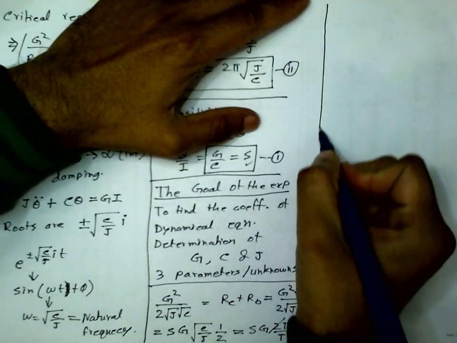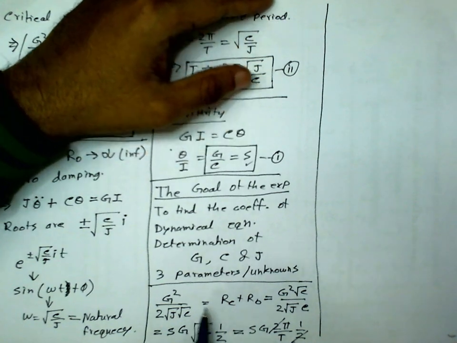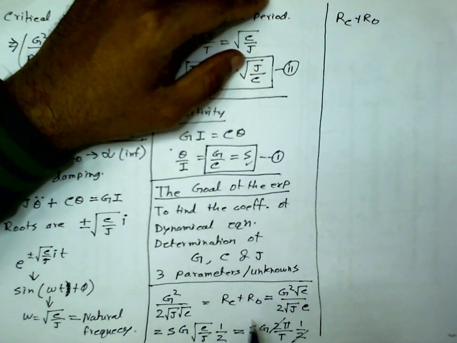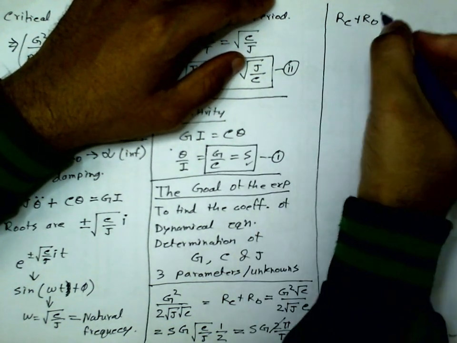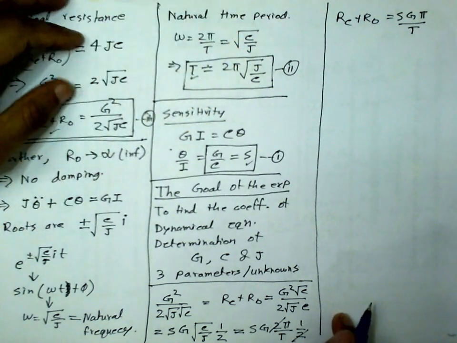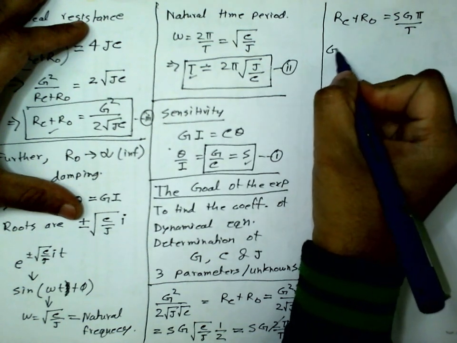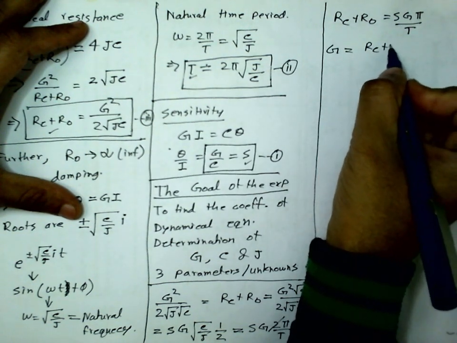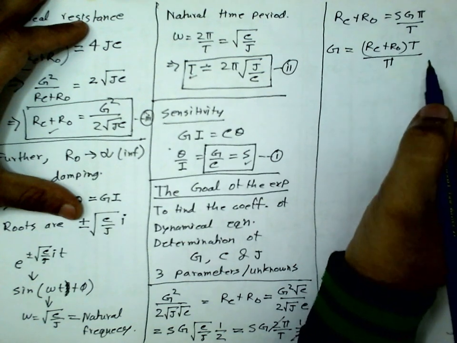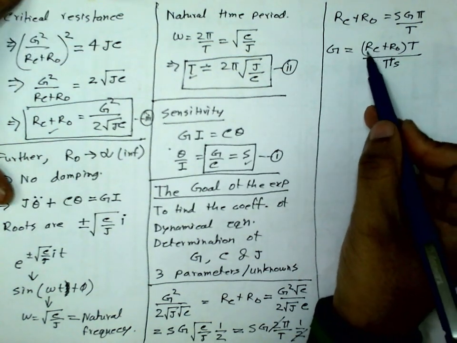So let me come here. I have RC plus RO equal to SG pi by T. Now I can write G as RC plus RO multiplied by T whole divided by pi and S. Now the right hand side, all these things are measurable.